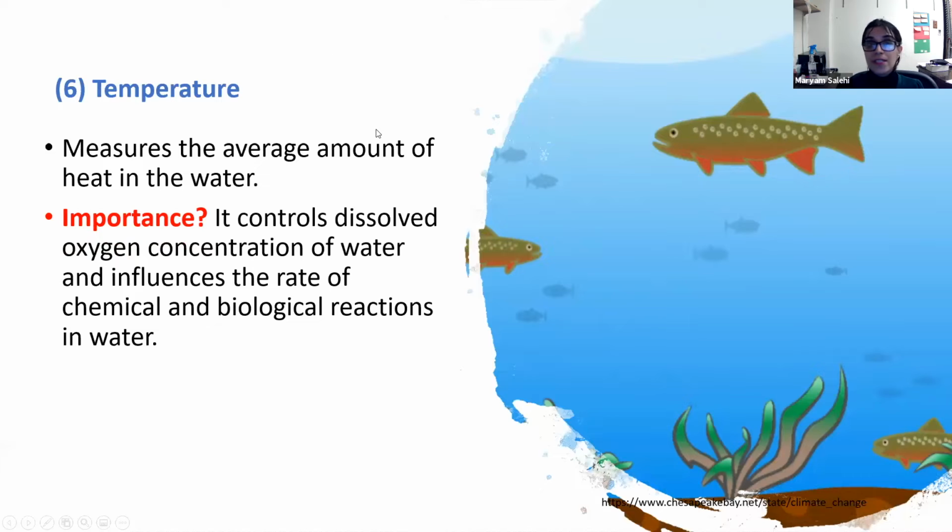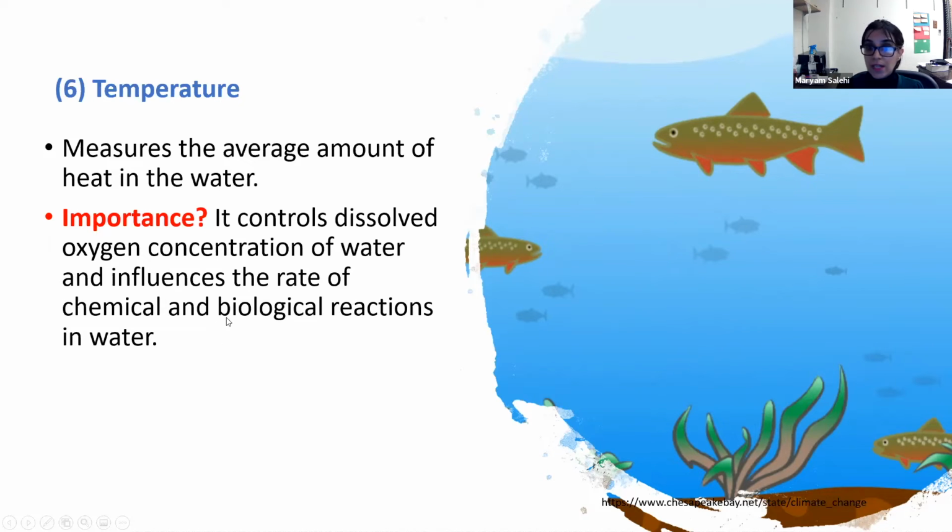Another parameter that is important for fresh water is temperature. Temperature controls the dissolved oxygen concentration in the water, and it influences the rate of chemical and biological reactions in the water.